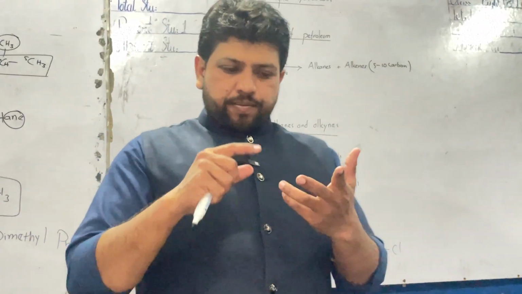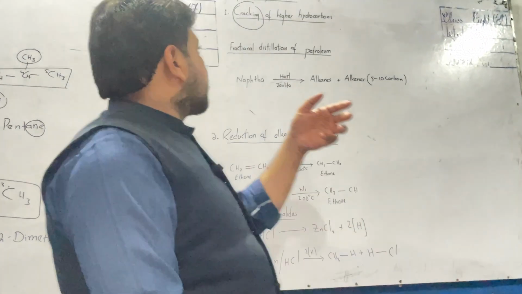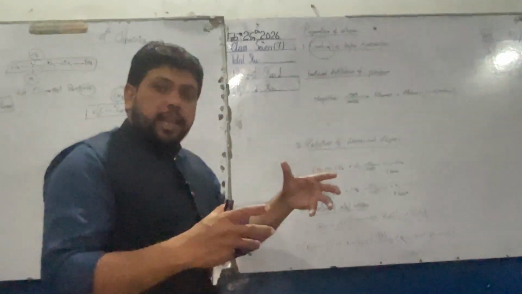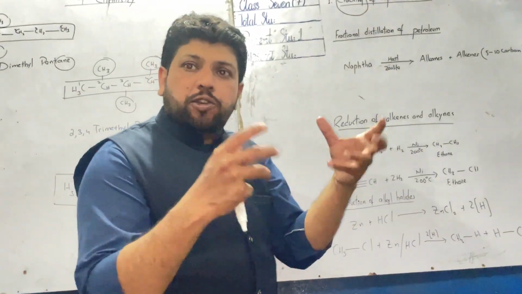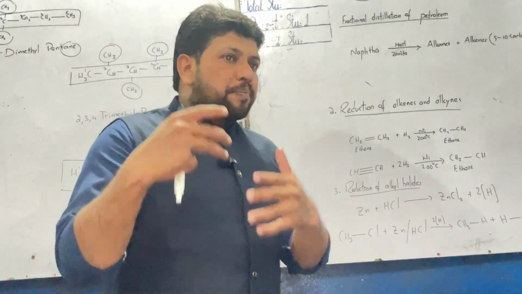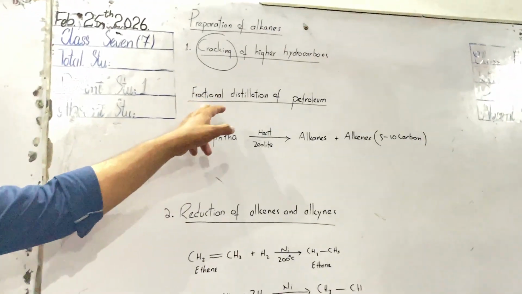Okay, once again listen to me. What is cracking? The splitting of higher organic compounds having high molecular weight into smaller hydrocarbons, which requires temperature as well as a catalyst. Next, see fractional distillation.